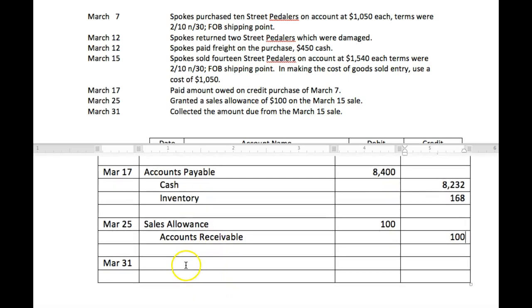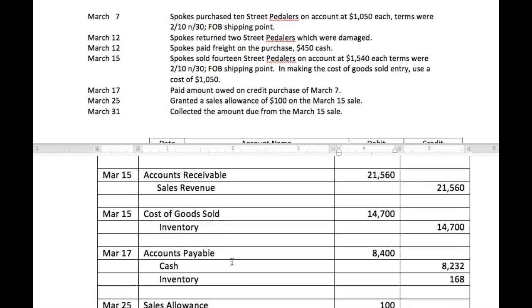All right, and then last but not least here, of course, March 31st, we collect the amount due from the March 15th sale. So we have our receivable here, now we're collecting on the receivable. Well, when we collect on a receivable, we're definitely going to receive cash. That's the only way our customer can physically pay us. Then we have to ask ourselves, well, how much? Well, there's two things going on here.